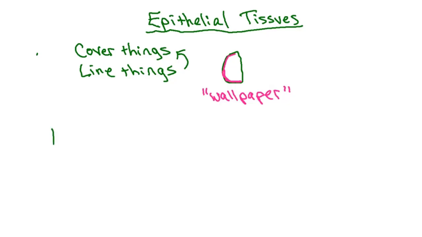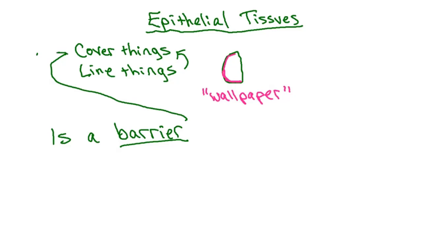So an epithelial tissue is a barrier. Whether it's covering things or lining things like wallpaper, it's a barrier or a wall that defines the inside and the outside of something.